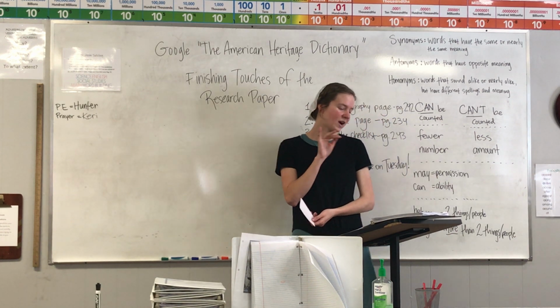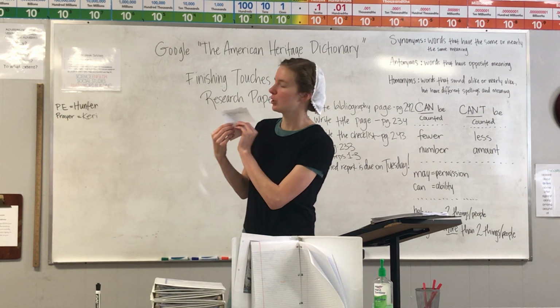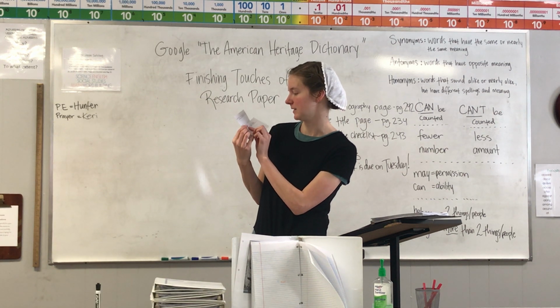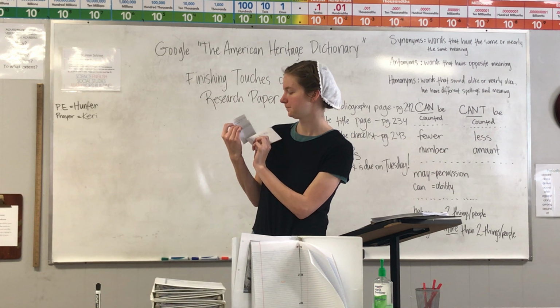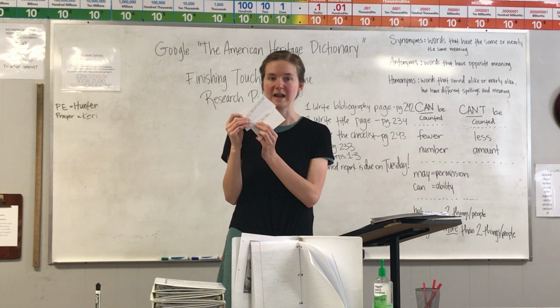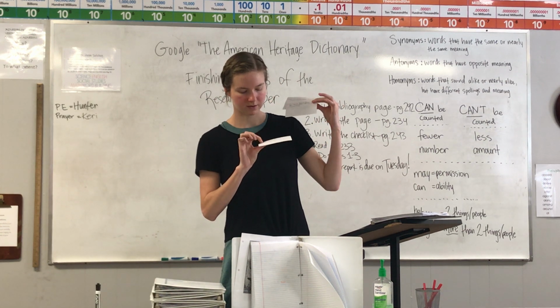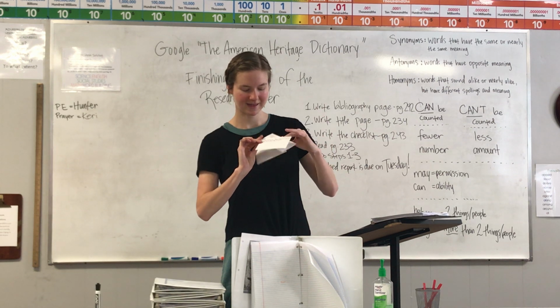Your cards ignore a, an, or the at the beginning of a title. You're going to look at your first word in each bibliography card. This is Lawler, steel. You're going to put it in alphabetical order, which would be Green, then Lawler, and then Steel. G, then L, then S.